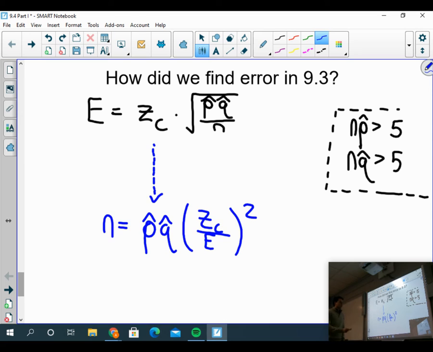It's basic algebra, it just gets a little messy with all the letters to get from our error formula to the minimum sample size. But if you want me to show you that sometime, I will happily do so. Otherwise, this is the formula we're going to use.